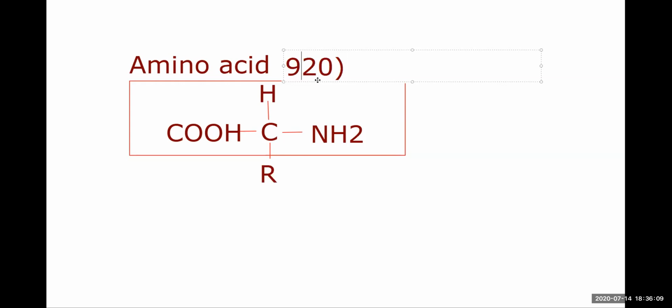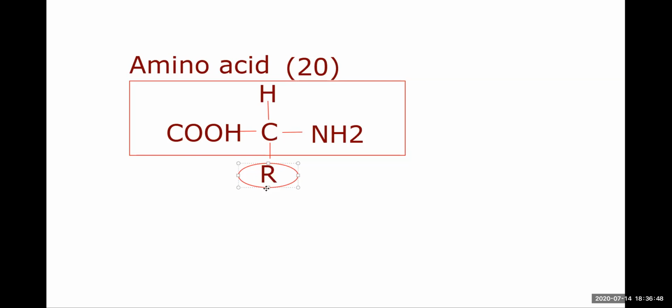In other words, there are 26 English alphabets, likewise there are 20 amino acids, and they differ in the R group. The rest is the same in all 20. So this H, NH2, and COOH are present in every amino acid. The R is different in each of the 20.